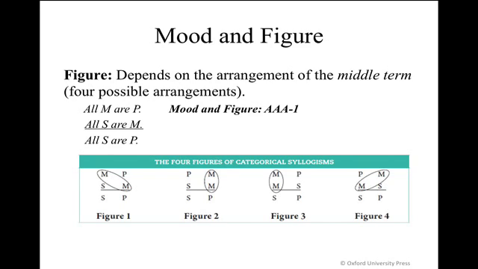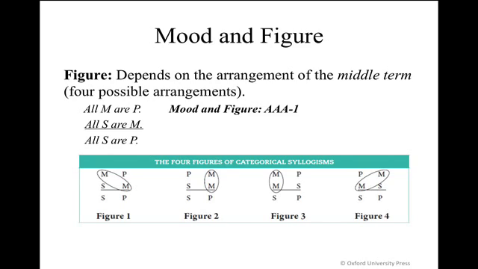Figure 3 has the middle term in the grammatical subject position of both the major and the minor premises. And lastly, figure 4 always has the middle term in the grammatical predicate position for the major premise and the grammatical subject position for the minor premise.